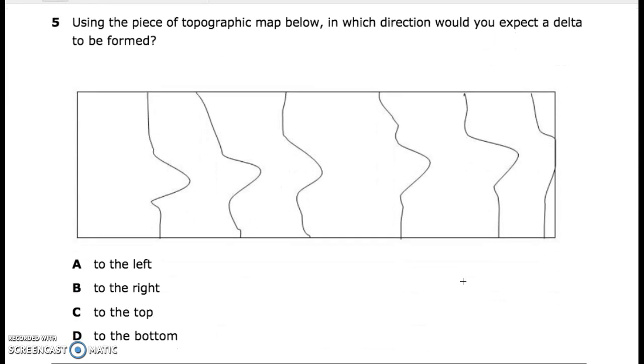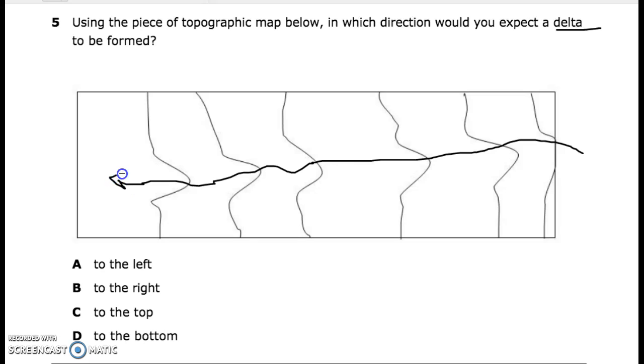Okay, let's look at number 5 real quick. Using the piece of topographic map below, in which direction would you expect a delta to be formed? Okay, so I defined delta on the whiteboard for you. So a delta happens whenever you have a river that's flowing and it deposits all the sediment at the end of the river.